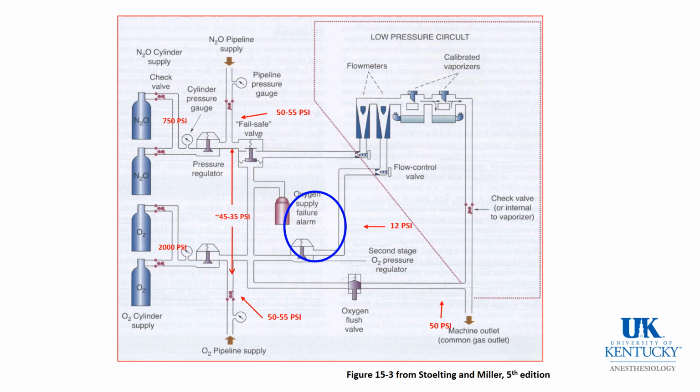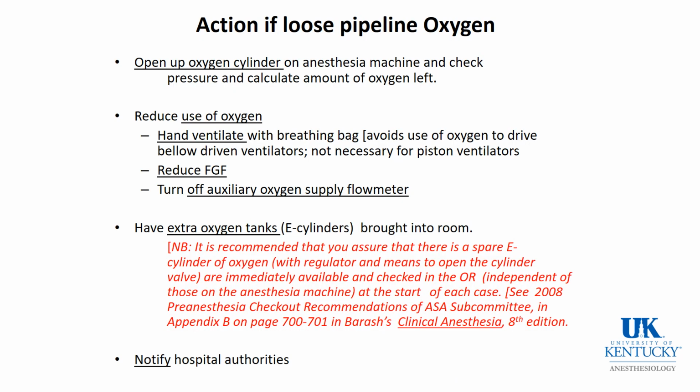But as I mentioned, if the oxygen cylinders are left open, they will deliver 45 psi, and the alarm will not go off until the oxygen cylinders are empty. I've probably belabored that too much, but anyway, important.